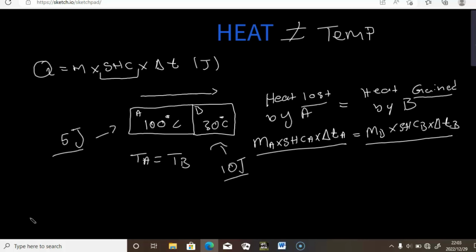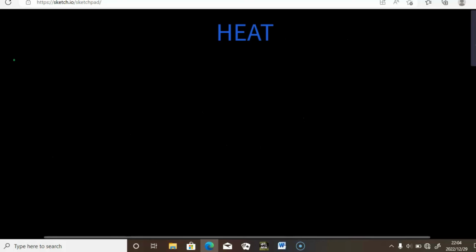And we are going to move to what we call the heat value of a fuel.